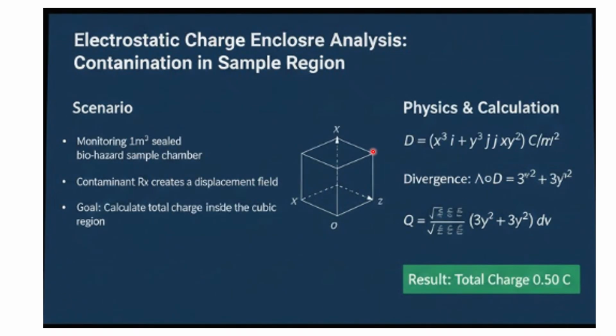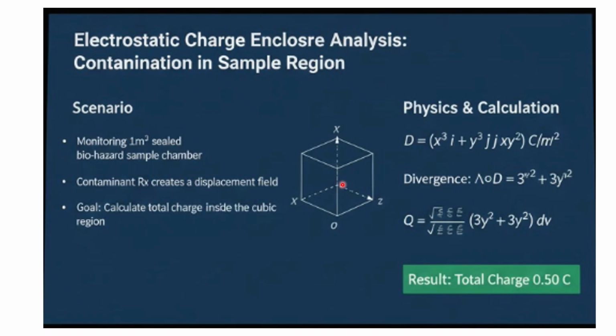Okay, so here you can see this is your cubical region, and your electric displacement is given, D is equal to this one, and now you have to find out the electric charge. So how can we find it? The major thing is that first, in order to find the total charge, that is Q, you have to find the charge density, that is rho.